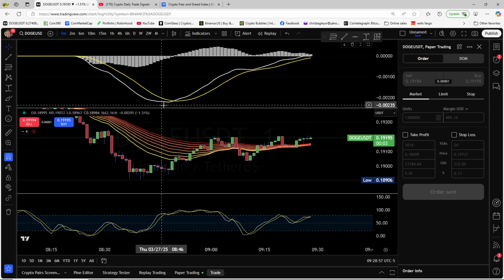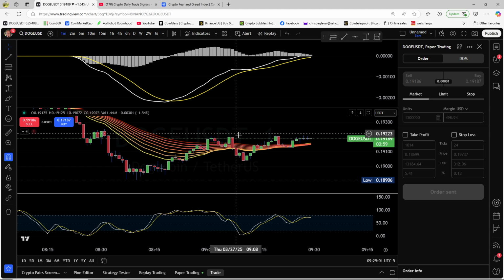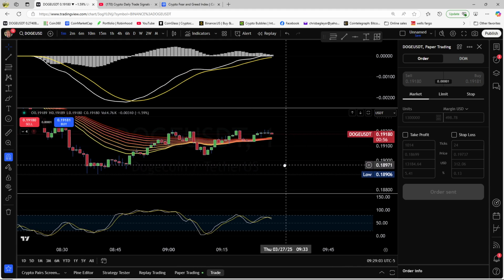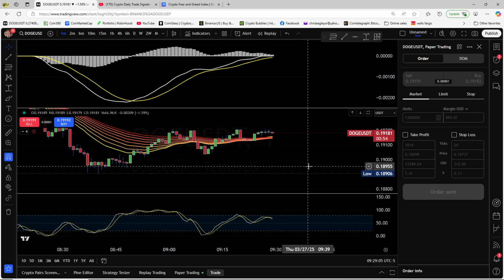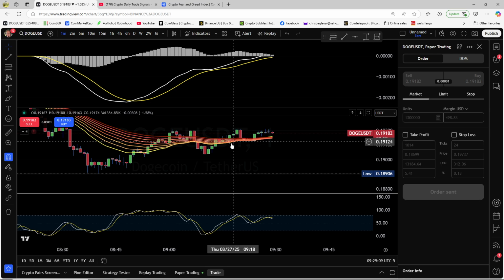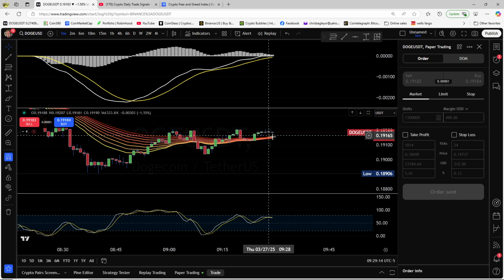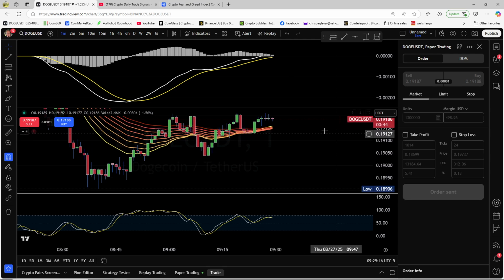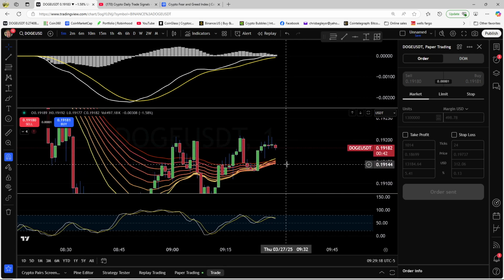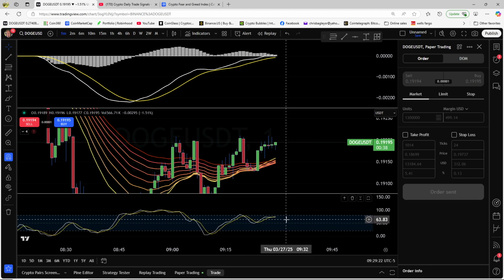Your IMACD started going up, and you have all this profit. Look how all this is consolidated. All my ribbons are just consolidated, and it looks like the yellow has already come above all of the other lines.